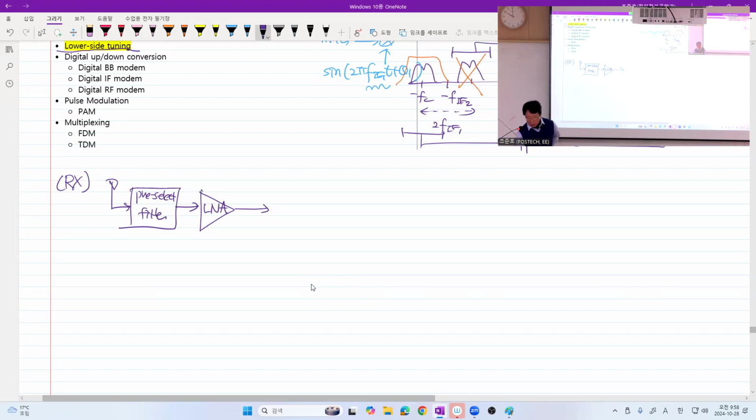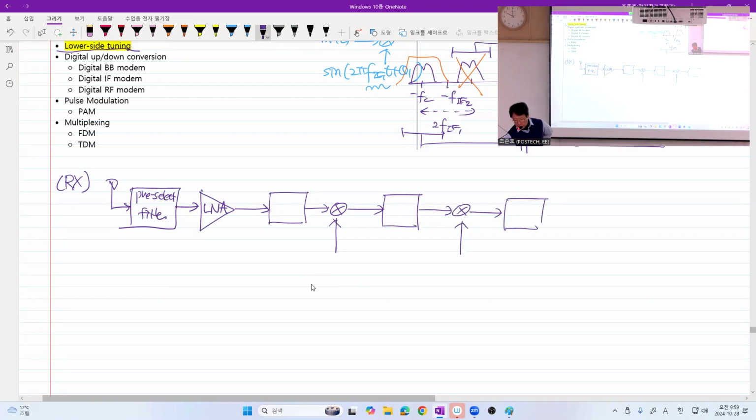And then you have something. And usually here goes another filter, and here goes a mixer, and here goes a filter. Or sometimes you have one more stage, something like this. Okay, so let's focus on the direct down conversion to baseband, so we don't have this part.